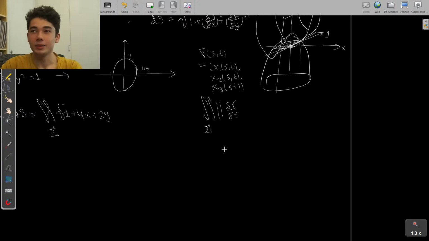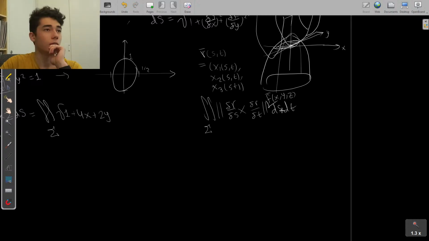Yeah, and then the general form, which can be proven, is that every surface integral can be written as this, and also we have the field vector.